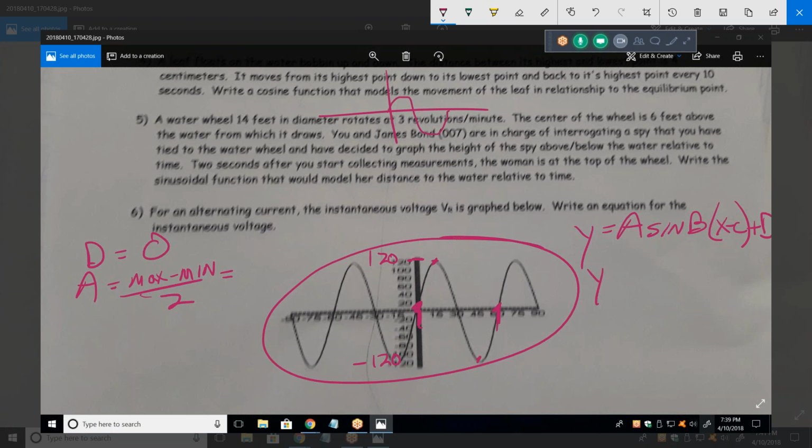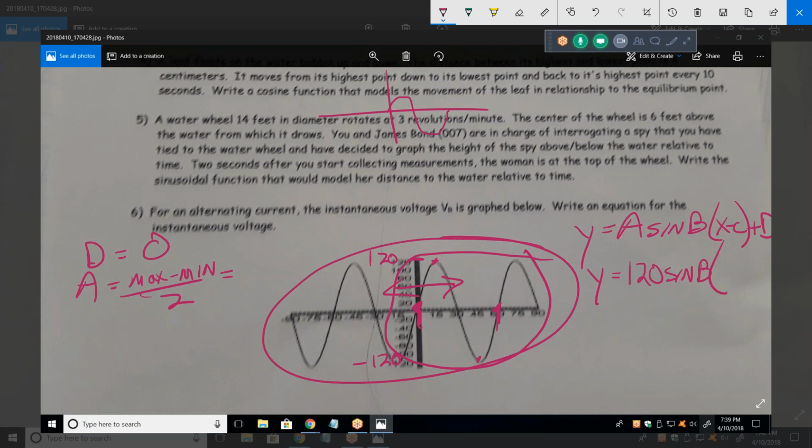So y equals 120 times the sine of B. We can see there's no phase shift, right? Now what a phase shift does, it takes the normal parent curve and moves it left or right. Well, if the normal parent curve is sine, that hasn't been moved left or right.